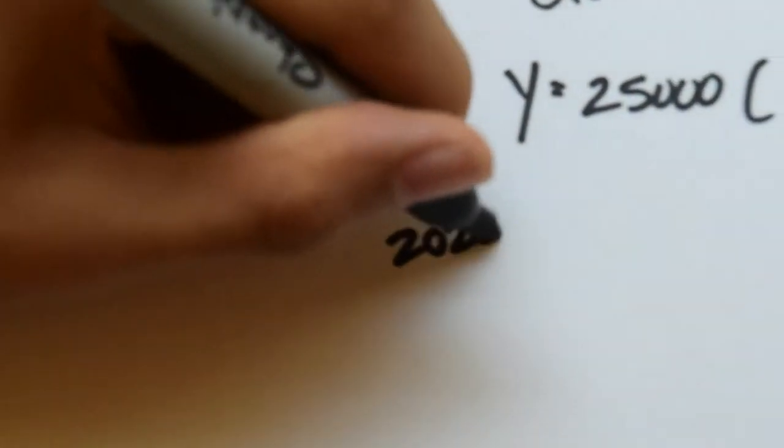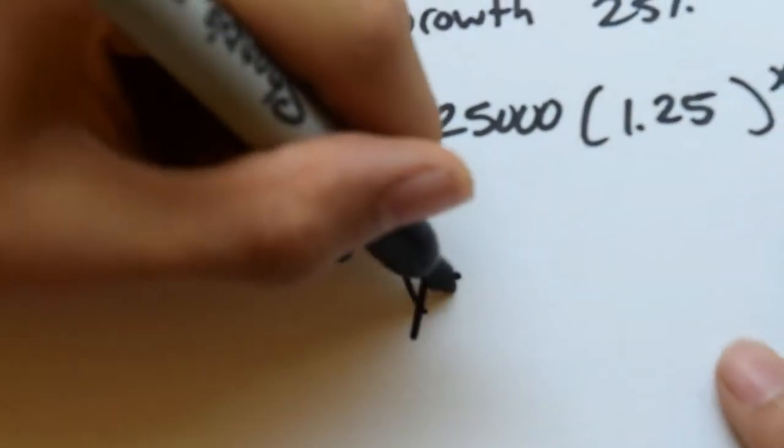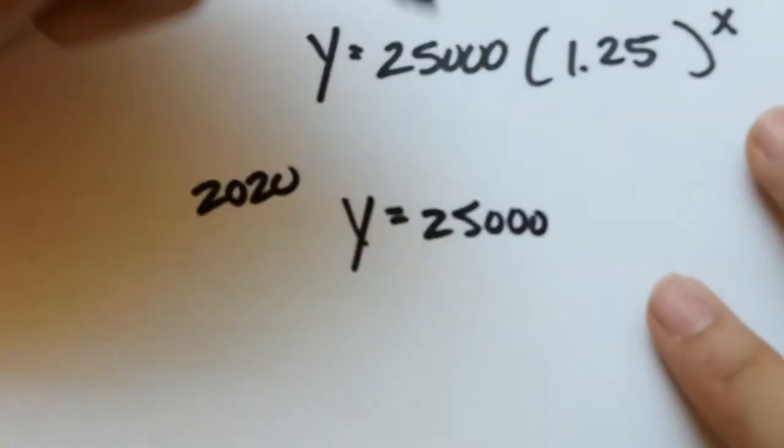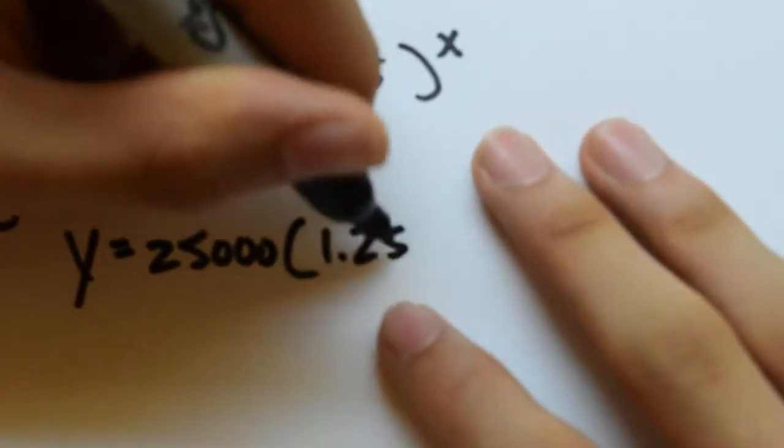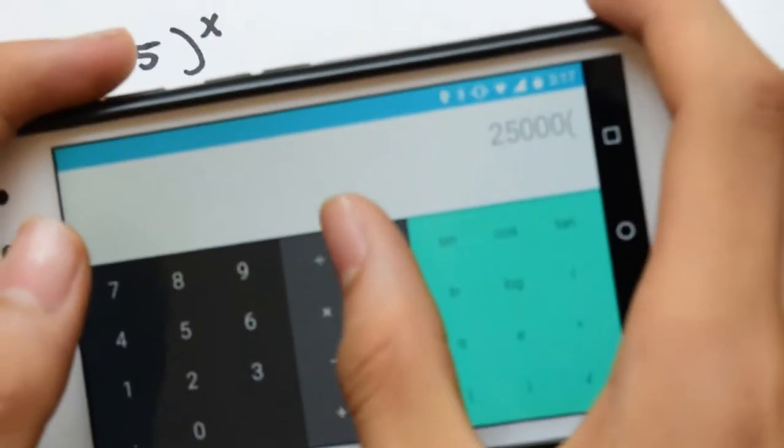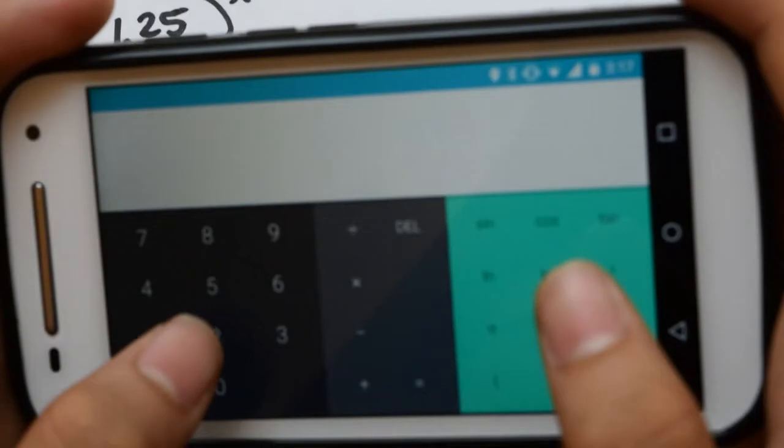So John comes up to me and says, Joe, give me a 2020 amount, okay? That's simple. Y equals 25,000 times 1.25 to the 8, because 8 years from 2012 is 2020. So we go to the calculator, clear our previous amount. 25,000 times 1.25 to the power of 8.